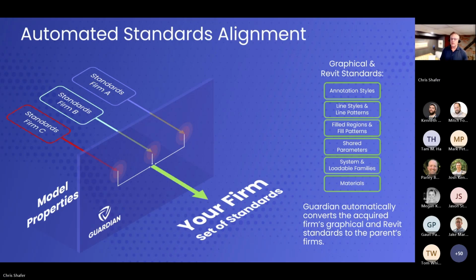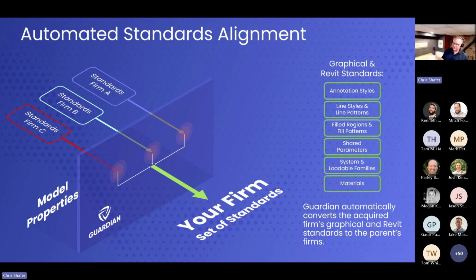For those who may not have partaken in the previous sessions, what is model properties? Model properties is really a tool that automatically aligns your standards. It converts both your graphical and Revit standards to that of your project or your firm's standards.